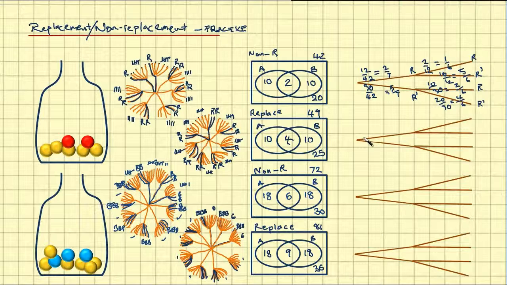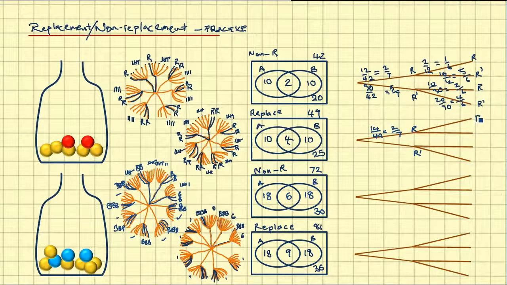So now this example with replacement. So first of all, again, we've got red and not red. So first of all, the red, well, that's 10 plus 4, which is 14 out of 49, which simplifies, both divide by 7, so 2 out of 7.